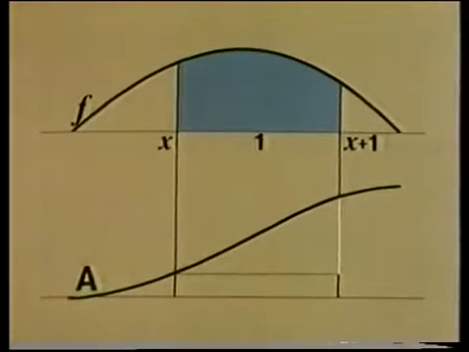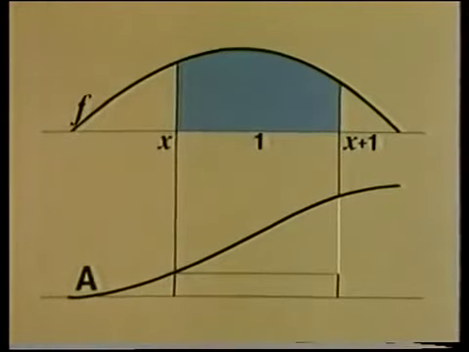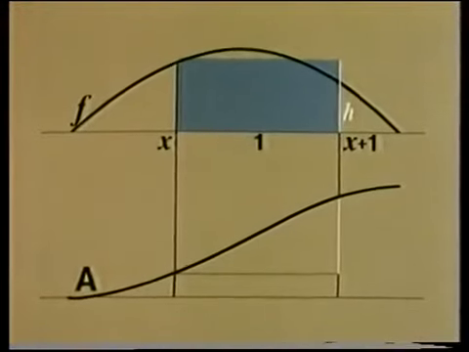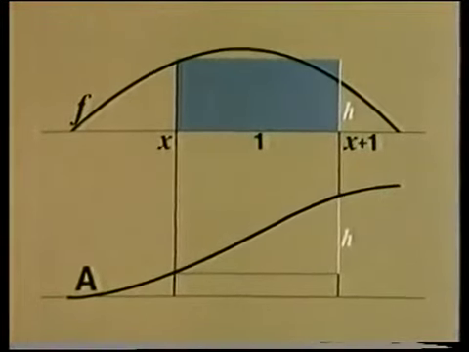Now we can rearrange that area under f into a rectangle, still with base 1, but with the height h, say. The area under f hasn't changed in magnitude, we've just reorganized it into a rectangle with height h and base 1. So the area is h. So a of x plus 1 minus a of x is also h.